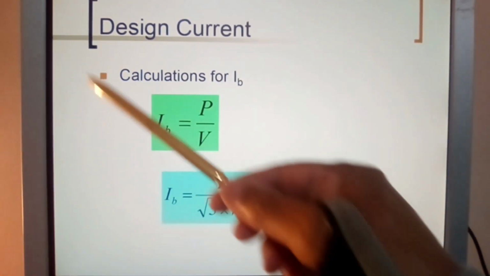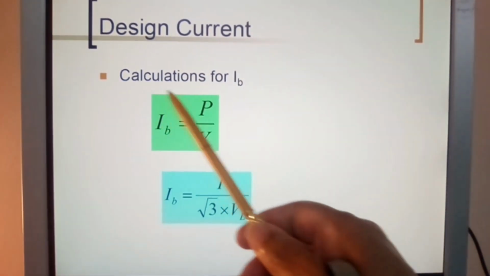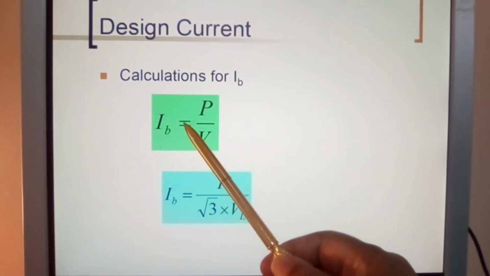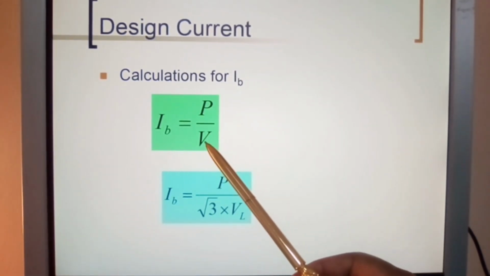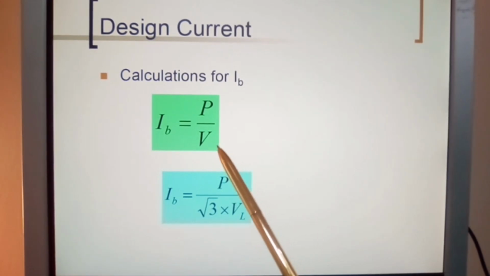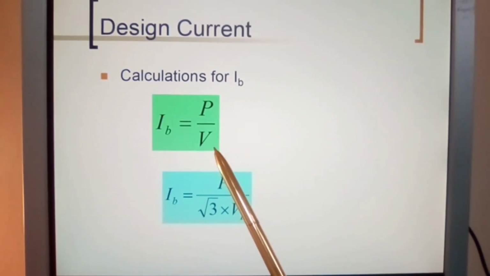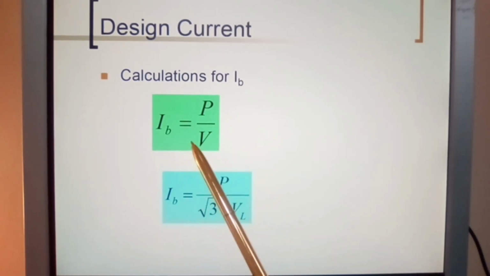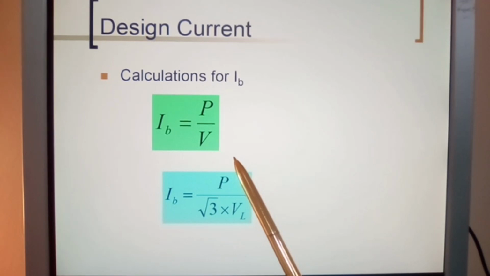Now, here we are at the design current stage. The calculation for IB is IB equals P over V. P stands for the power, V for voltage. Please note that this would have been written some time before, so it'll be IB equals P over U, for current status of voltage.